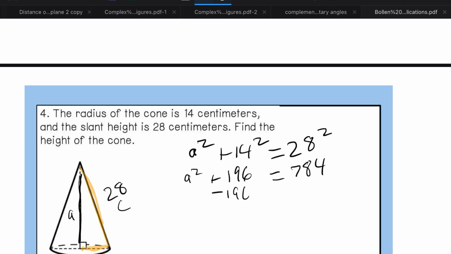You subtract those two. So you have a squared is equal to 588. The square root of 588 is 24.2.